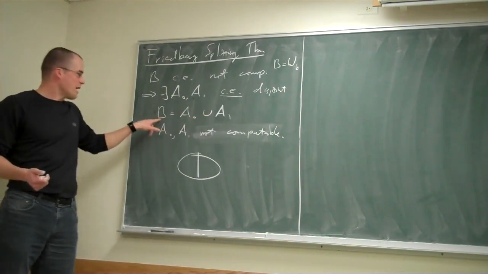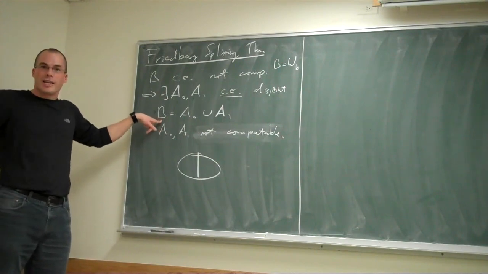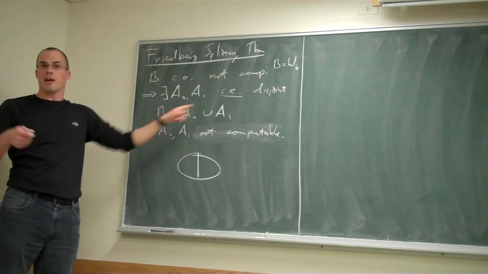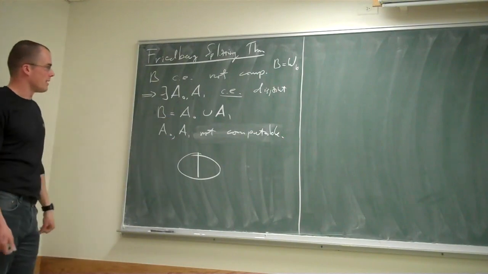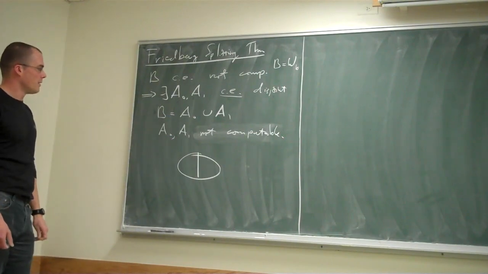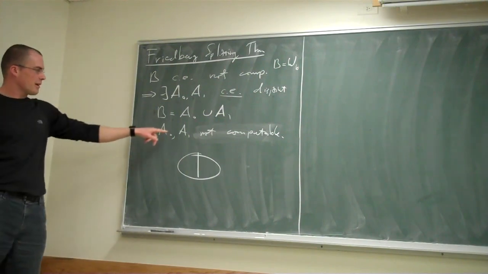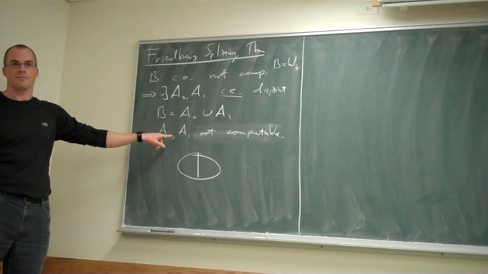And so if I keep on doing this, whenever I want an element, I generate the next element of B and then I put it into A0 or A1, I get this equation. So now we have strategies for everything except for making A0 and A1 not computable.